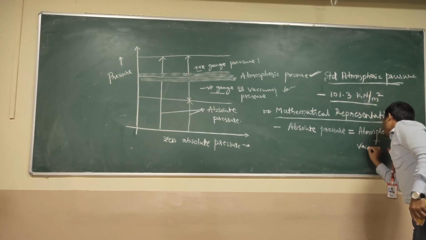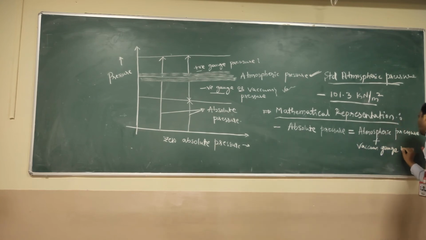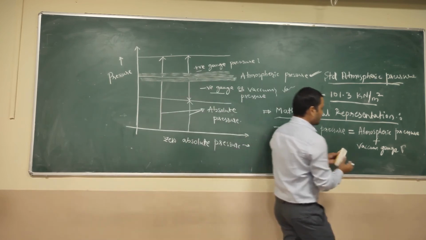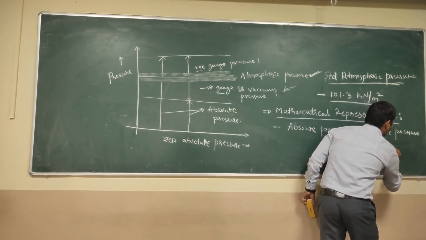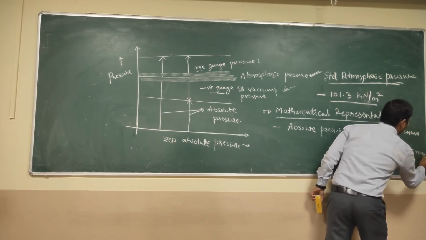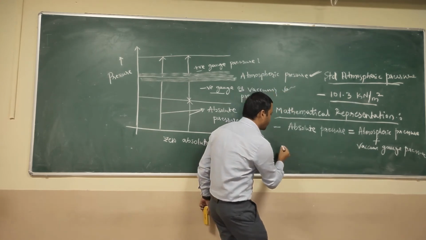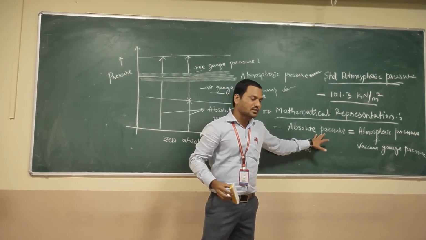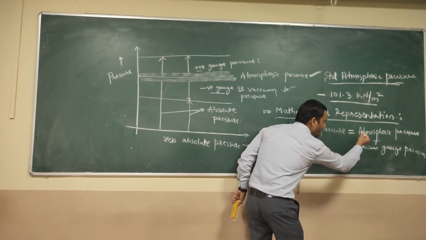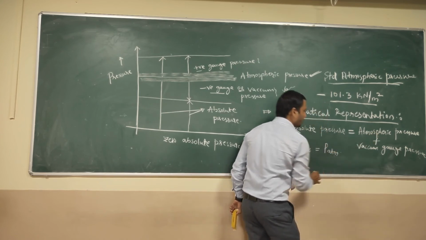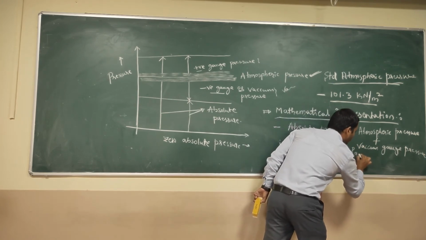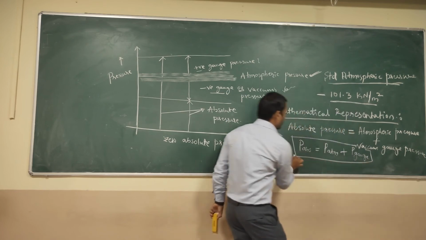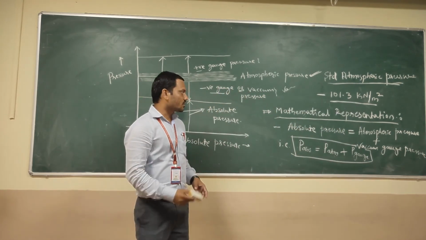In short form, the absolute pressure is written as P_ABS equal to atmospheric pressure P_ATM plus P_gauge.